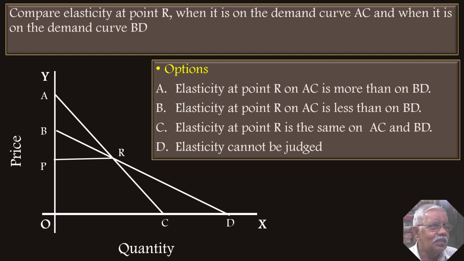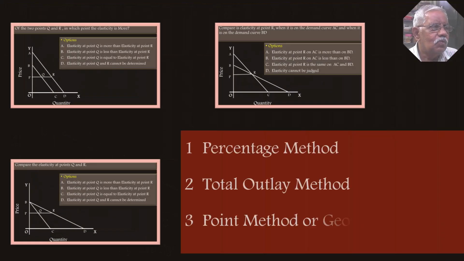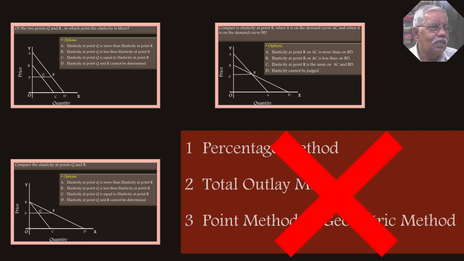In such cases, which method will be used by you to find the correct answer? To be honest, none. It is very unfortunate, but we have to find the correct answer anyway.